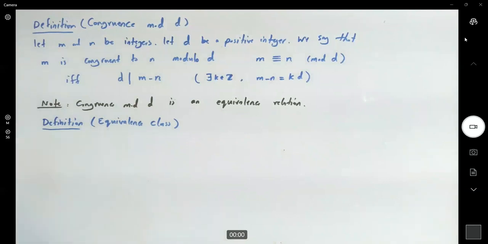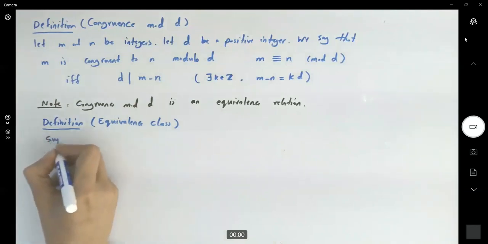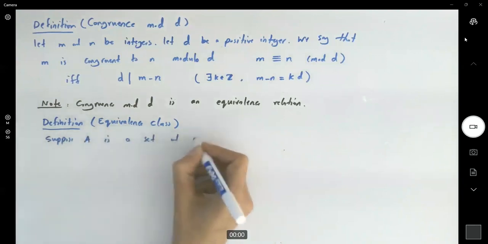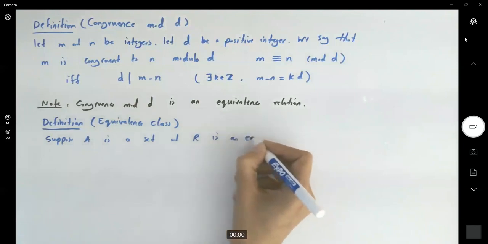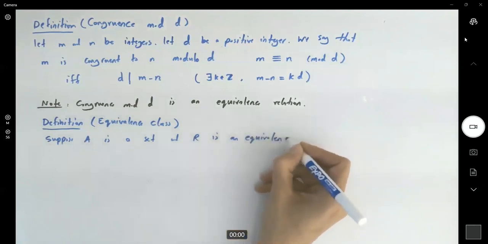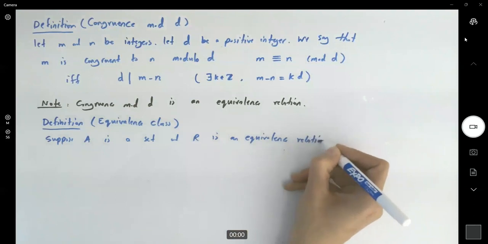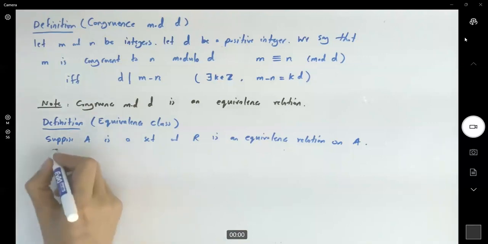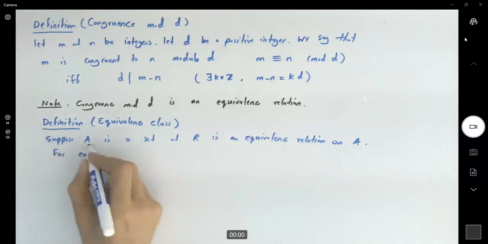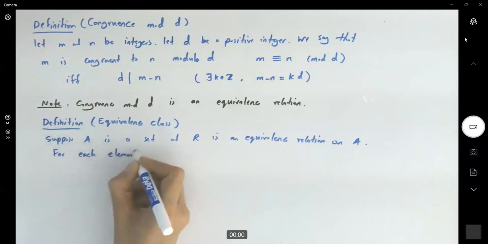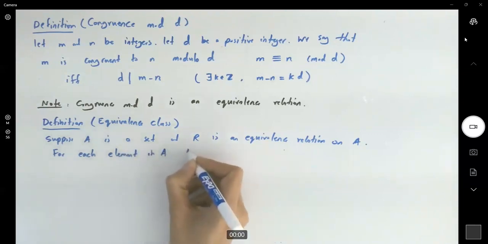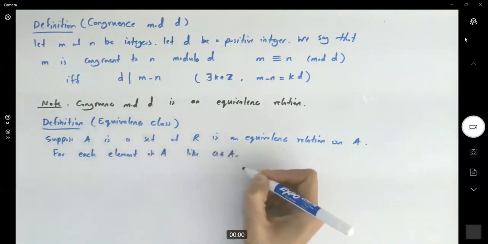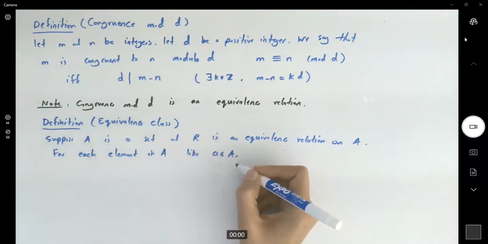Suppose A is a set and R is an equivalence relation on set A. For each member in A, like a, we can define the following set.